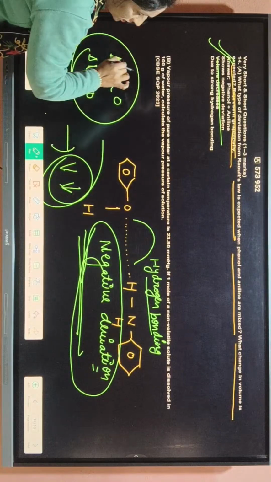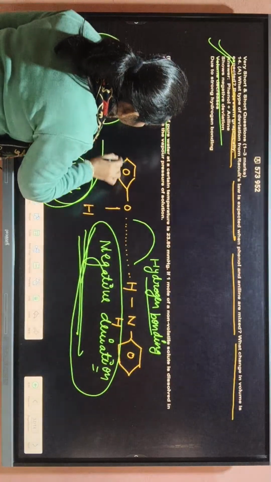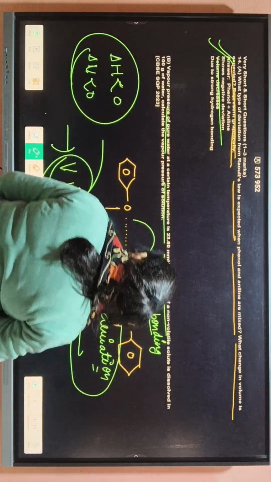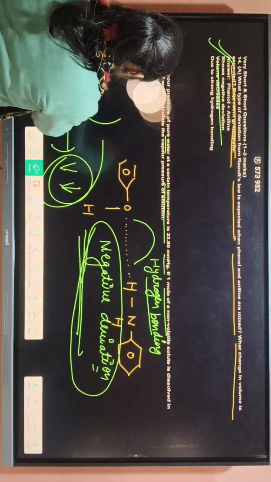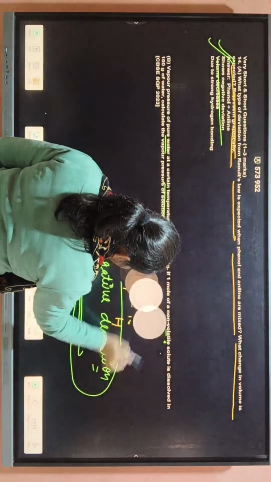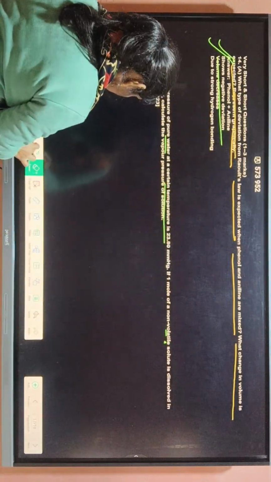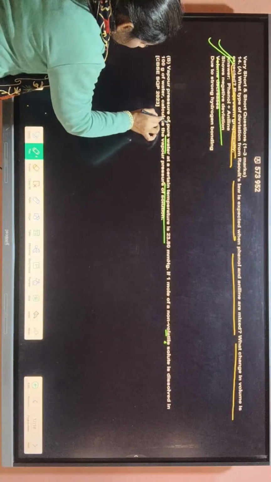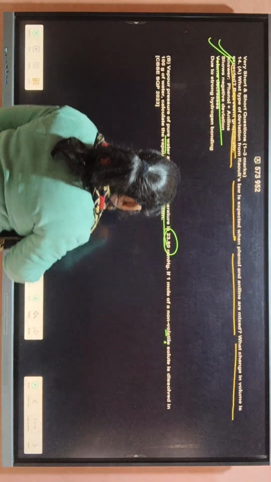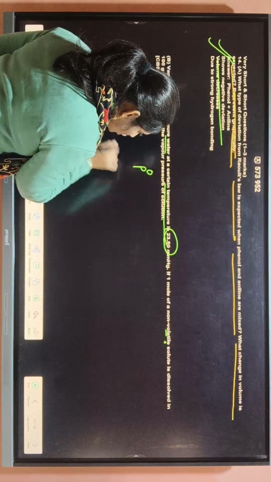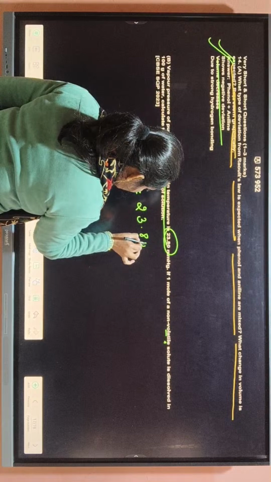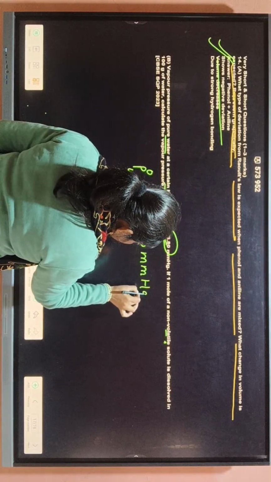Now, the vapor pressure of pure water at a certain temperature: P0 for water is given, that is 23.80 mm Hg.